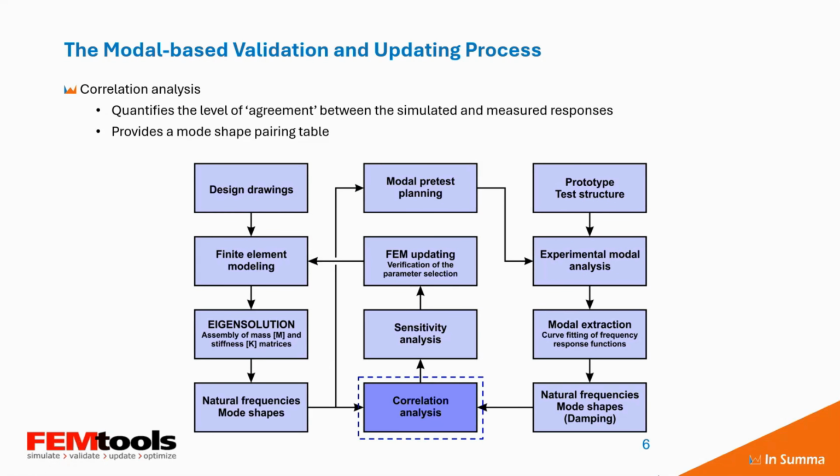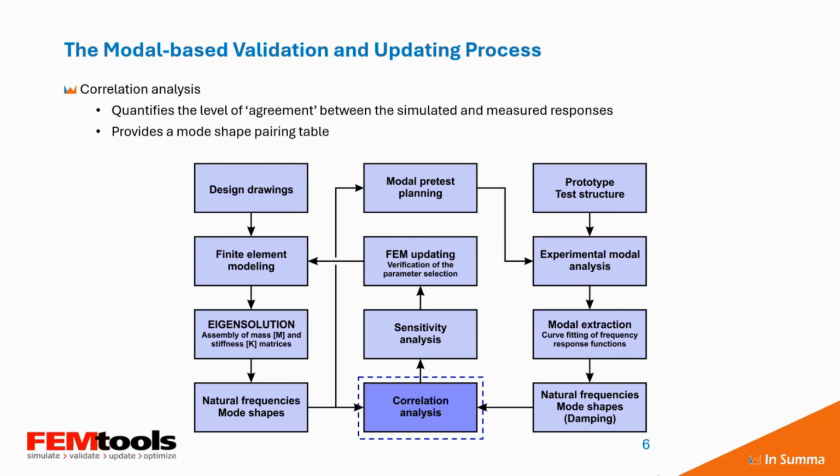The next slide shows the correlation task, which comes into the picture as soon as the test has been performed, and we have FE data and test data that can be compared.